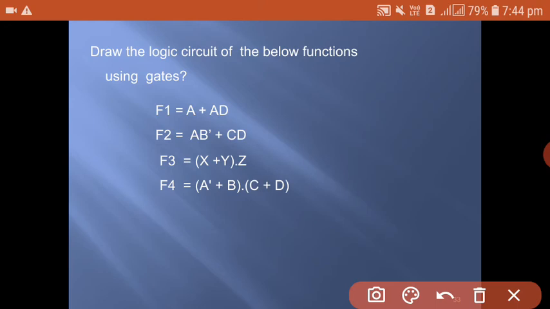For realizing this, first you need to consider two AND gates.